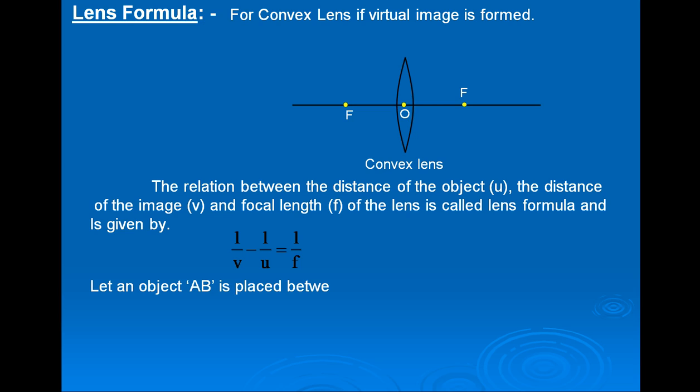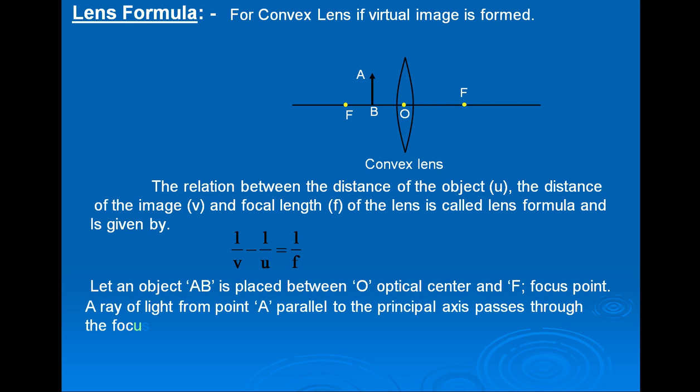Let an object AB be placed between O, optical center, and F, focus point. This is the object AB between the optical center and focus point.